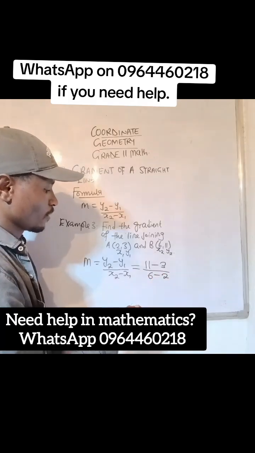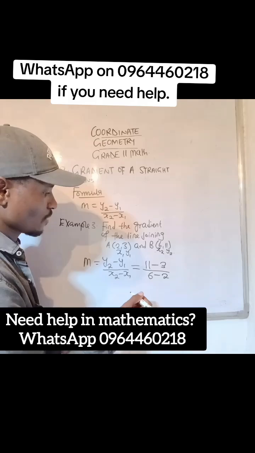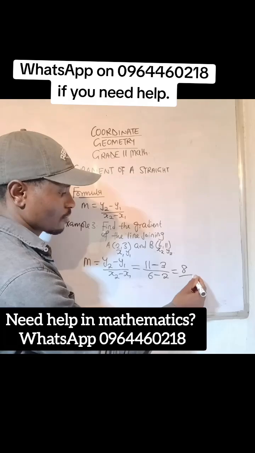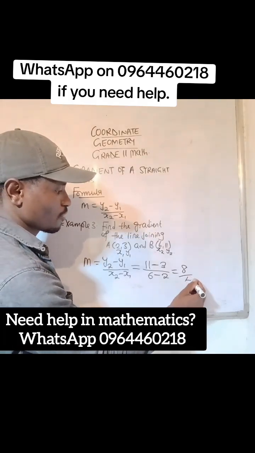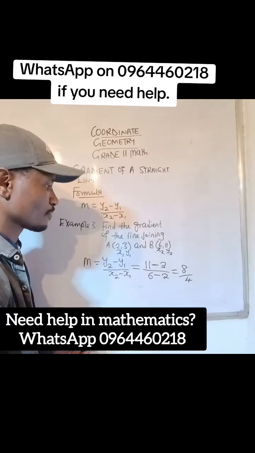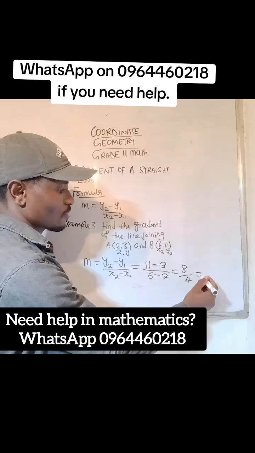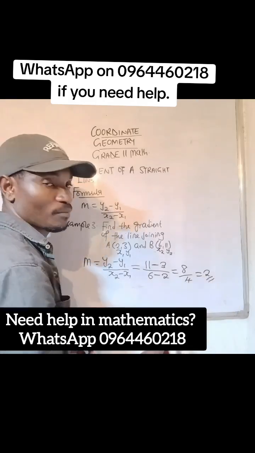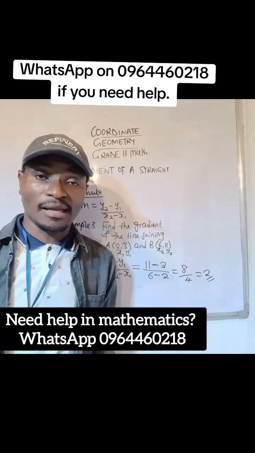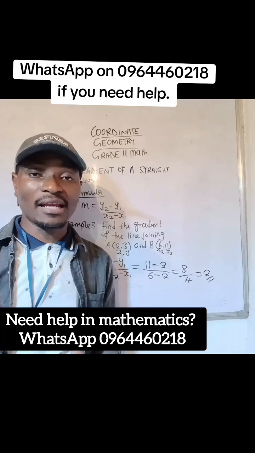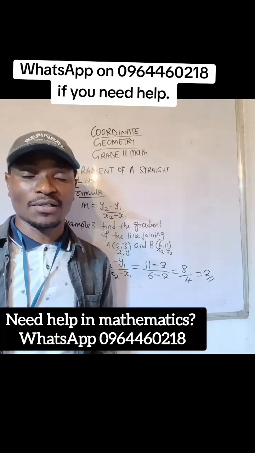This will be 8, and this one is going to be 4. Once you divide this into that, you're just going to get 2. And that's how you find the gradient of any given 2 points.